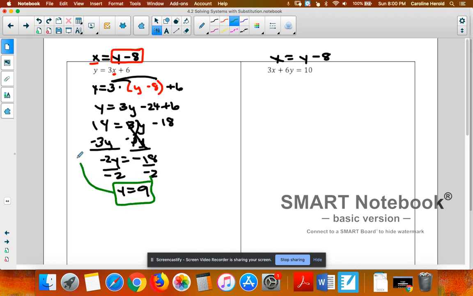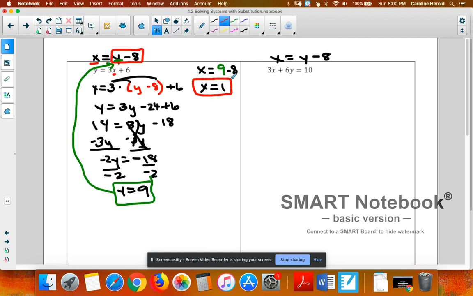I'm going to take that value of 9 and put it in here for y. Okay? So in order to get x, I have to do x equals 9 minus 8. Because I'm just substituting it in place here, right? So x has to equal 1. Awesome. So here's what that means.